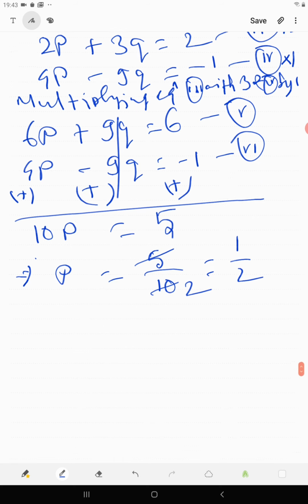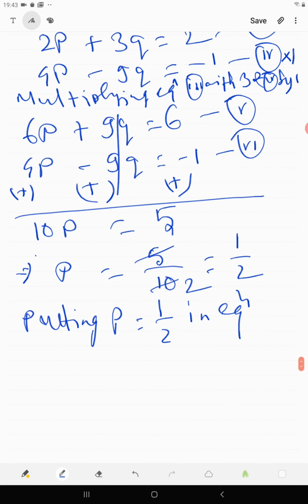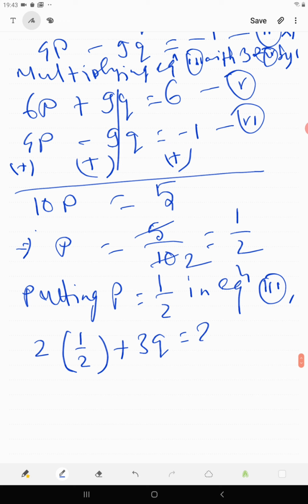Okay. Now put this 1 by 2 in any of the equations. So putting p equals half in equation, suppose, 3. Okay, I am putting in equation 3. What will happen? So 2 into half plus 3q equals 2.